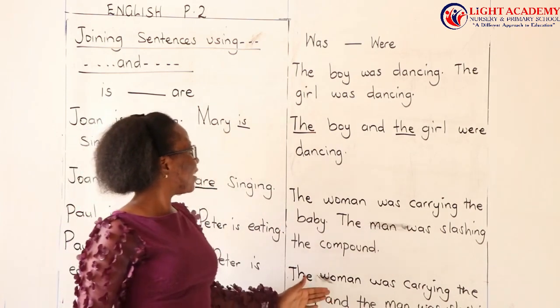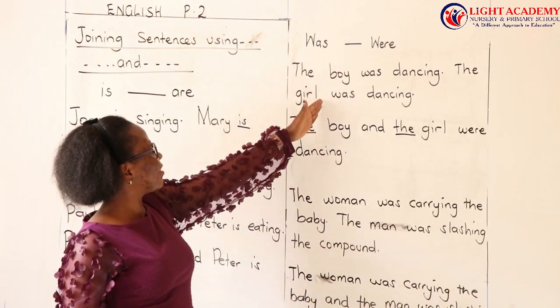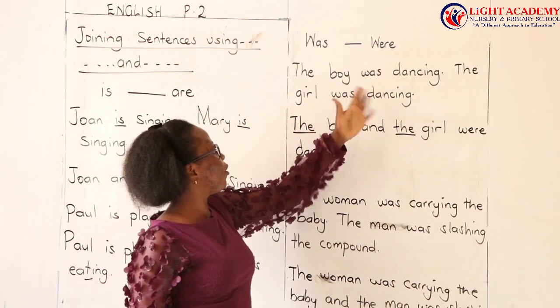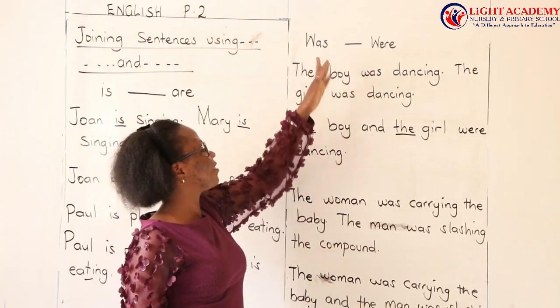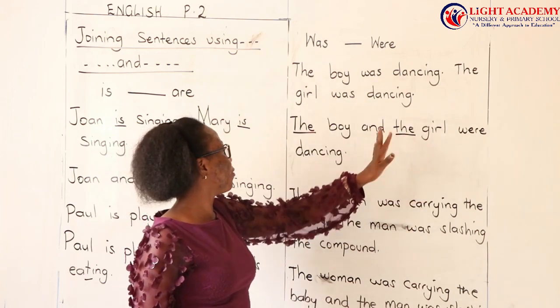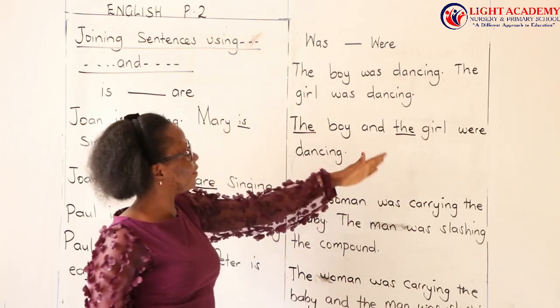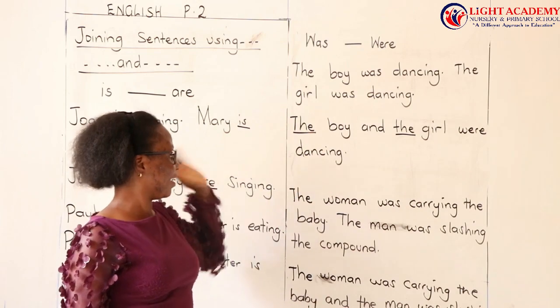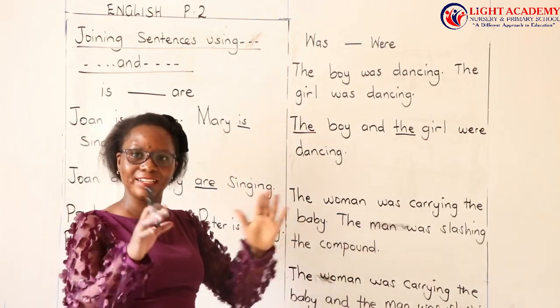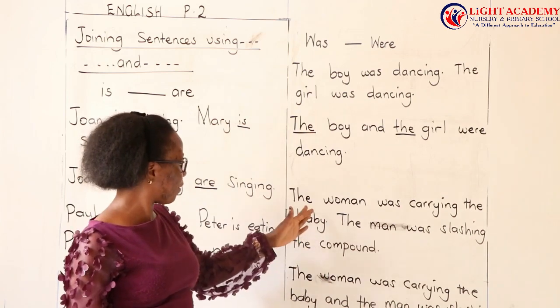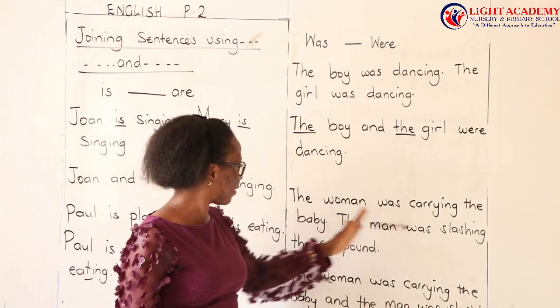You see what I was telling you? Our first sentence, the activities were the same. The boy was dancing, the girl was dancing. So the article was changed into were. So the boy and the girl were dancing. So when it comes to the activities that are different, let's look at the example. The woman was carrying the baby.